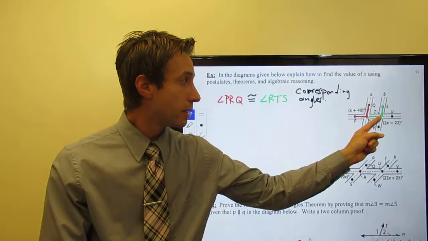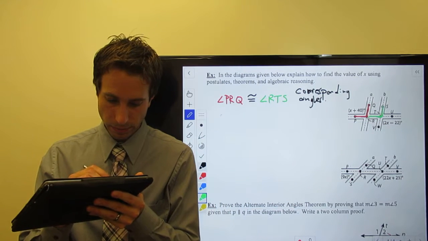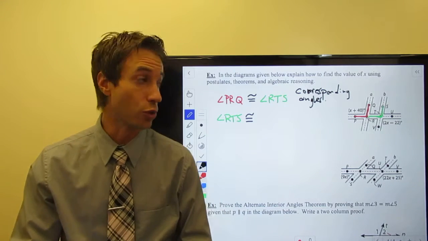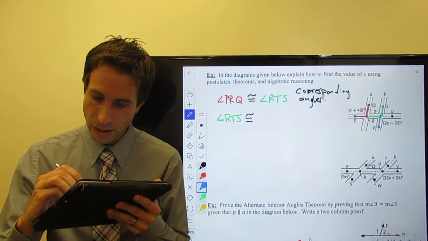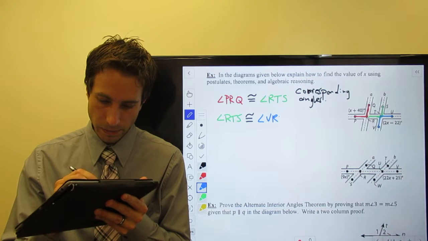Angle RTS is congruent to, let me do it in a different color, VTU.